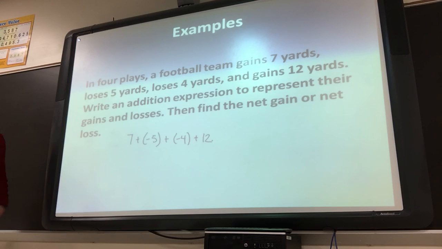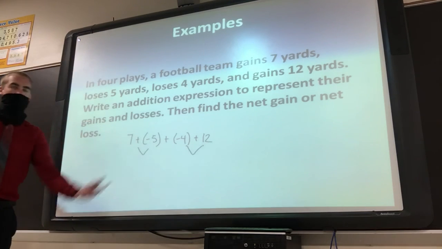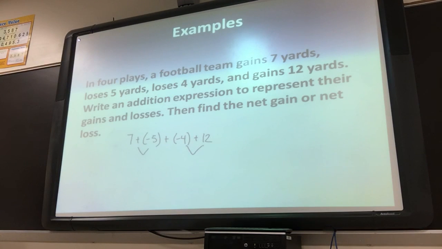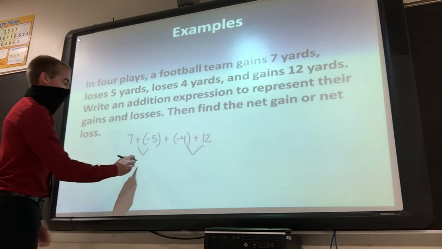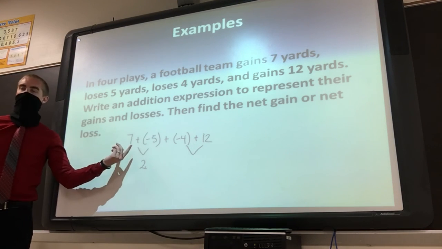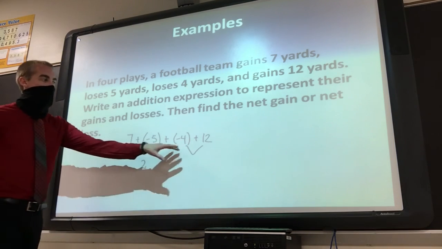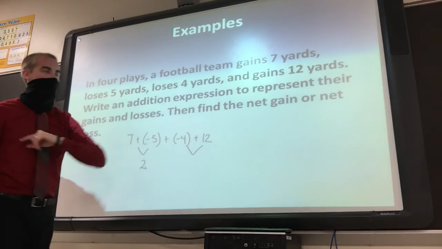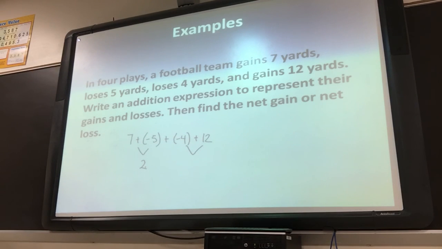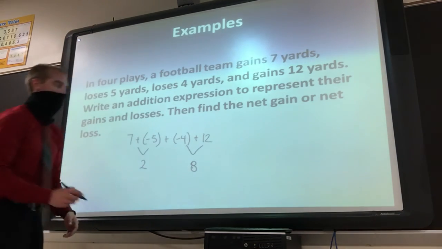What I would do here is just split it up half and half. 7 plus negative 5. Do we add or subtract 7 and negative 5? Subtract. 7 minus 5 is 2. Positive or negative 2? Positive, because 7's bigger. Same thing here. Negative 4 plus 12. They're different signs. Subtract them. 12 minus 4 is 8.